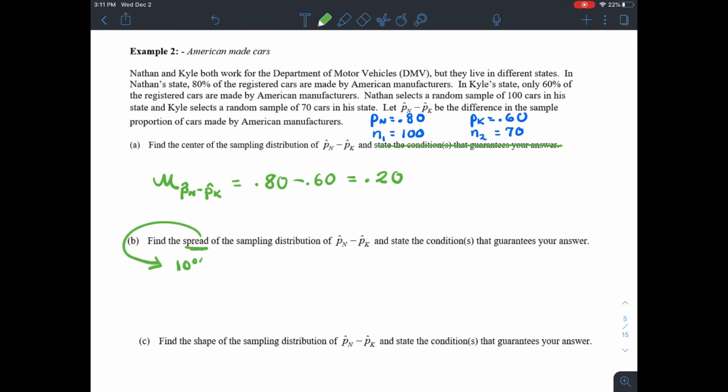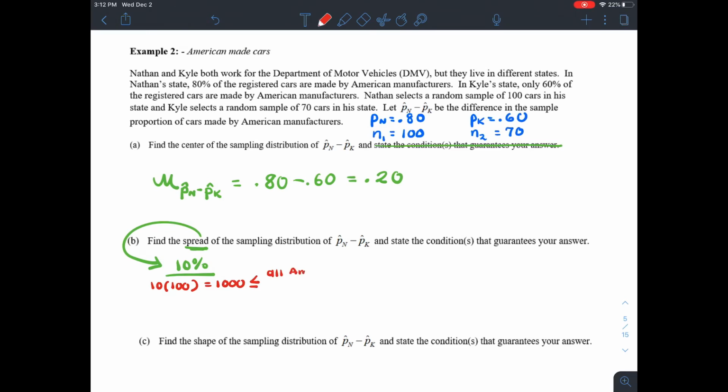Okay, for number 2, it says find the spread. So I immediately need to think, okay, spread, this is going to be my 10% condition. Okay, so for the 10% condition, I have 2 different populations. I need to show 10 times the sample size in Nathan's state. That's 1,000.